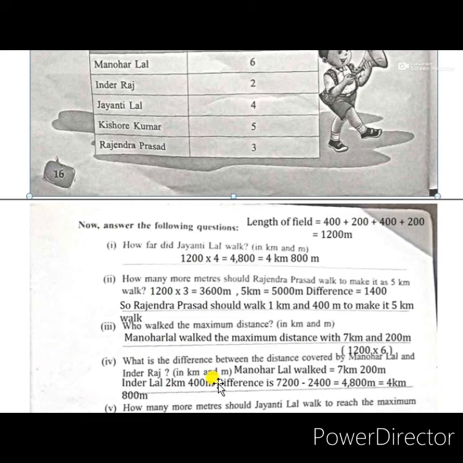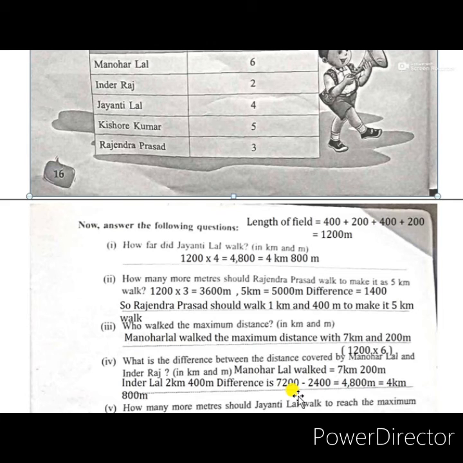Here we have to find the difference between their distances. How much more distance will Manohar Lal walk than Inder Raj? Because Inder Raj walked a short distance and Manohar Lal walked a long distance. Here we have to subtract 2400 from 7200.